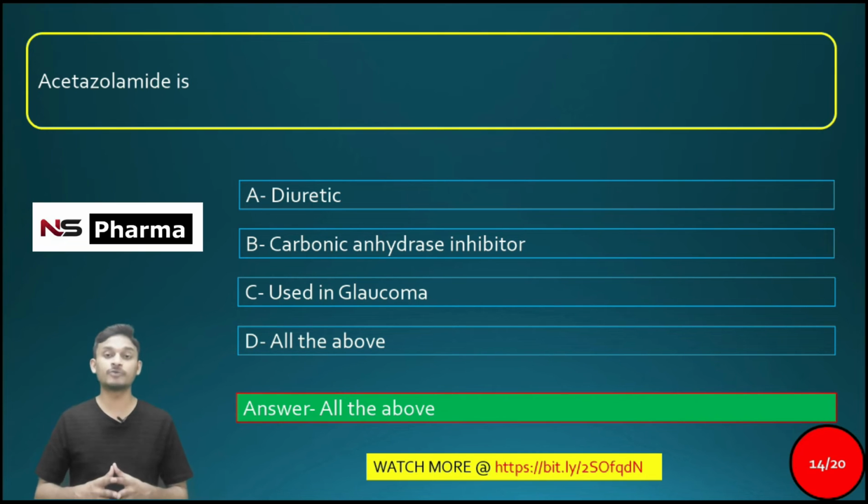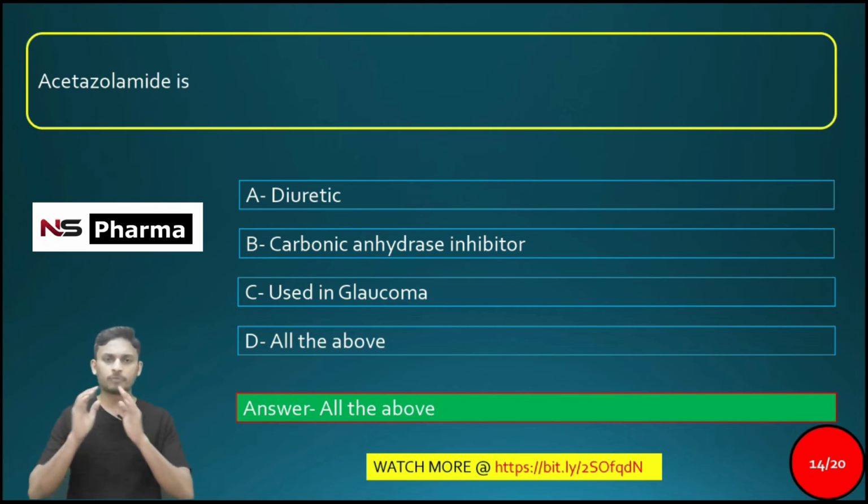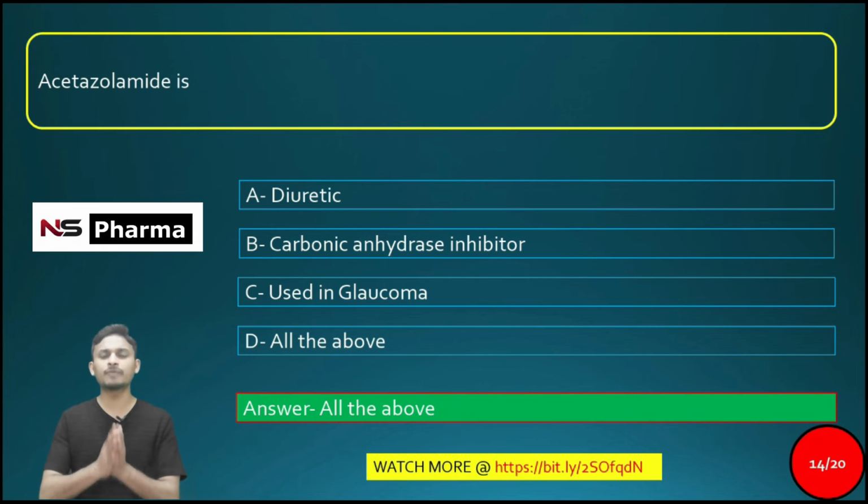I forgot to tell the osmotic diuretic example is mannitol. So osmotic diuretics, potassium sparing diuretics, and the carbonic anhydrase inhibitor acetazolamide all come under weak or adjunctive diuretics.